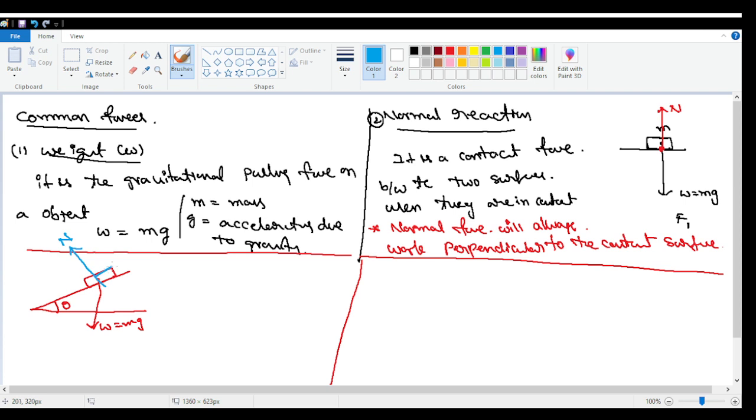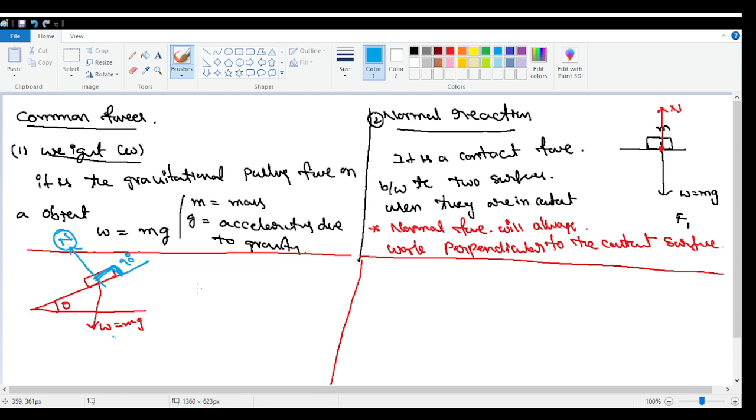Please look at this: these two angles, between the contacting surface and the normal reaction force, are 90 degrees. So this is the normal force acting on the object. The normal force acts in this direction, weight acts in this direction. This is a very important point we are going to utilize.